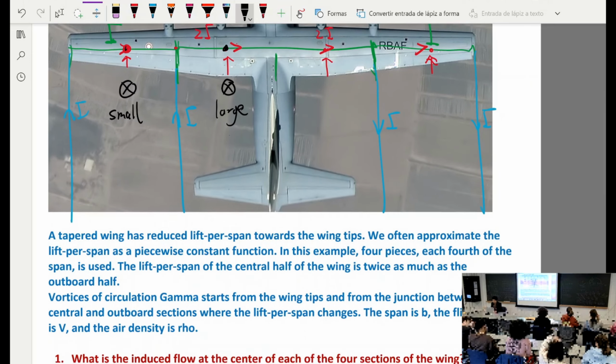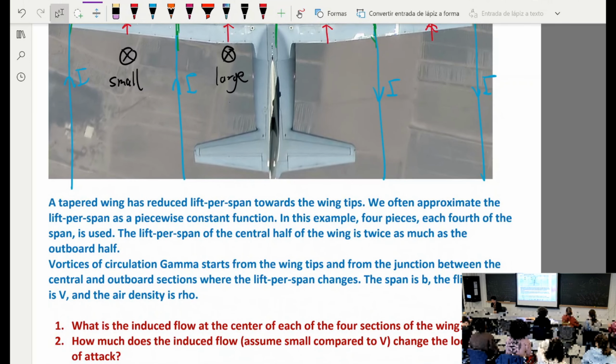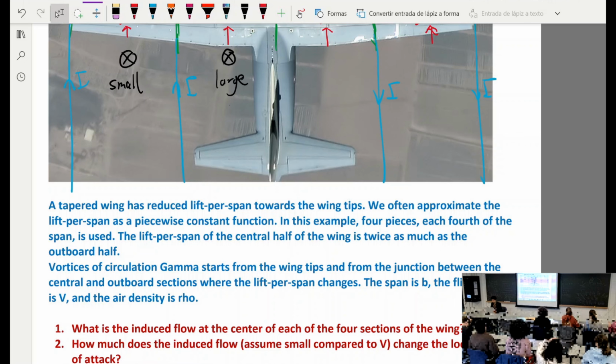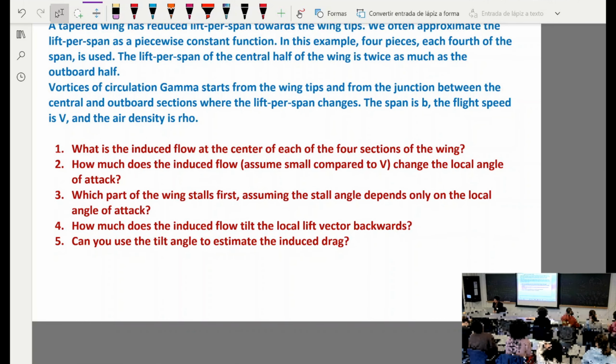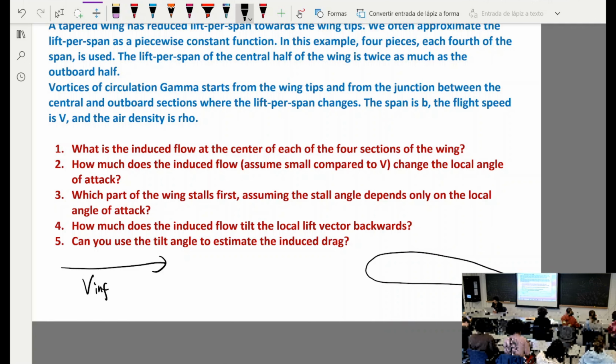Now the second question is, how much does the induced flow change the local angle of attack? This question requires imagination in the third dimension. Here I have a cross section, and if the V infinity of the free stream goes exactly horizontal, then the downward induced velocity makes the total velocity seen by this airfoil cross section point downward, and that decreases the angle of attack.